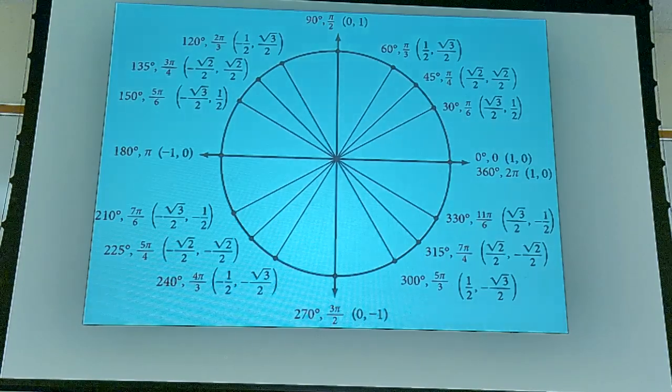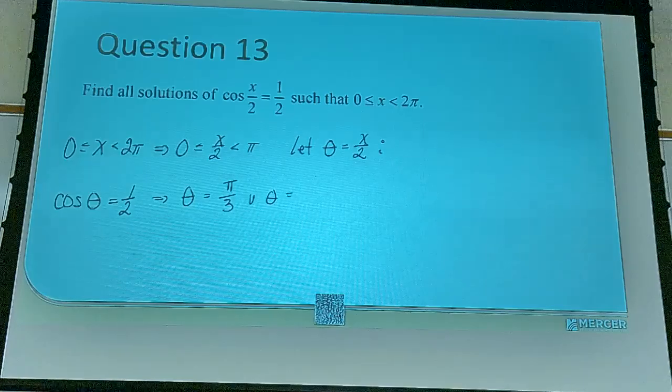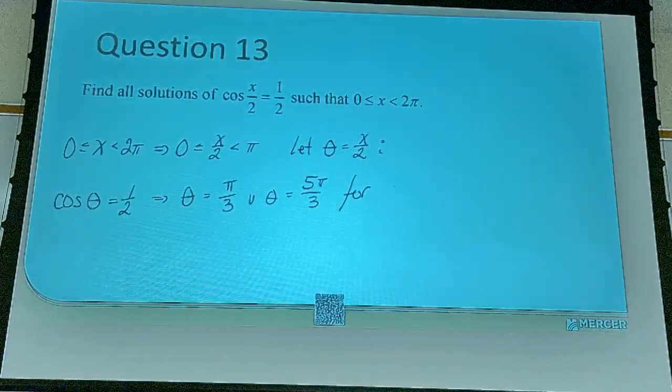Look on the unit circle. Where is cosine 1/2? Pi over 3. And where else? 5 pi over 3. And that's for theta between 0 and 2 pi.